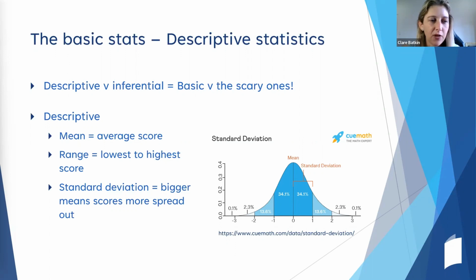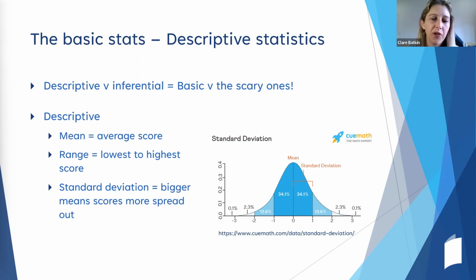The next one down there is the range. Again, pretty simple to get your head around, where you're basically just looking at what's the difference in height between the shortest person and the tallest person, or in this case, the lowest to the highest height in centimeters. So to find this, you just take away the lowest number from the highest number, and that will be the range.